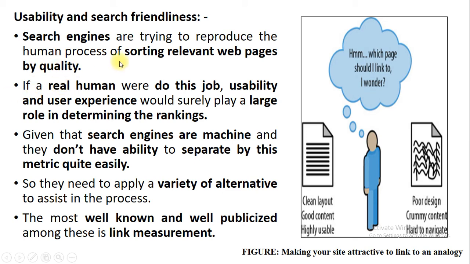With the quality of content, search engines are trying to reproduce what a human being performs. We people generally apply the sorting based on the quality of the content of your web pages. If a real human does this job, it is generally based on the user experience.